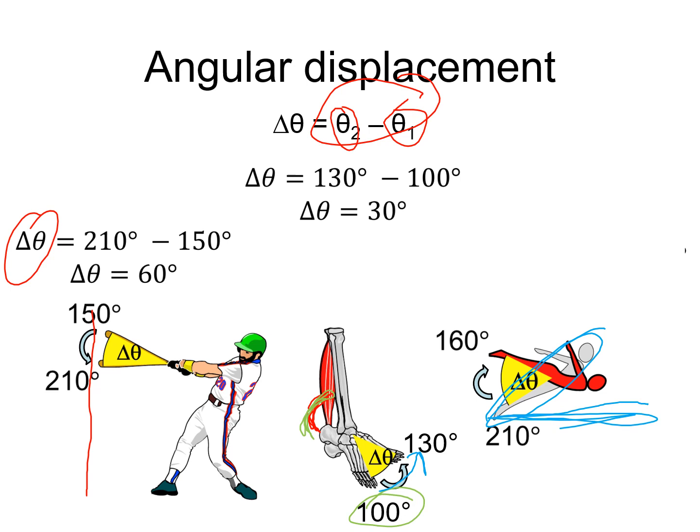And then they begin to tilt downwards and their angle increases to 210 degrees. So we take our 160 minus that 210 degrees, so we have a negative 50 degree displacement.